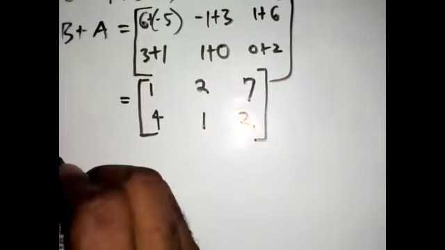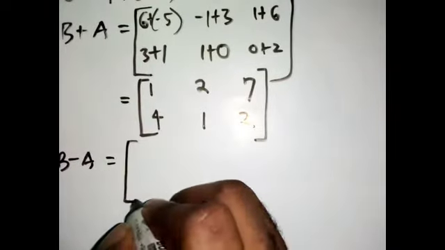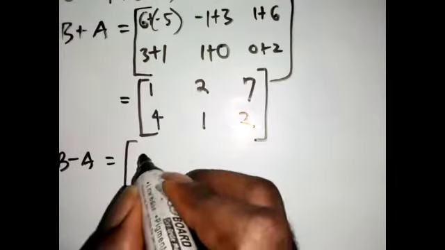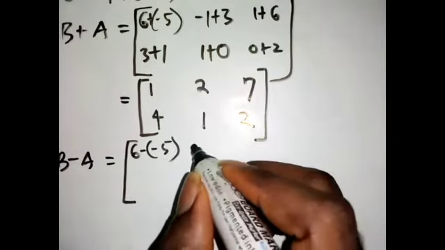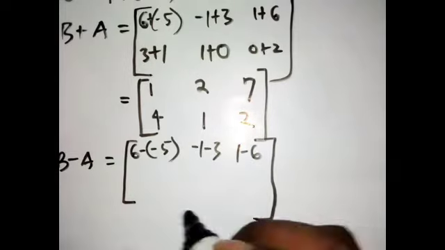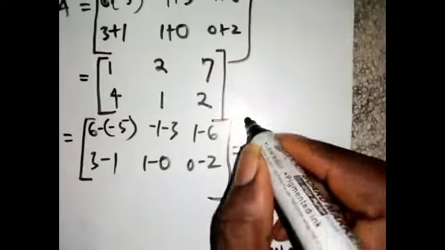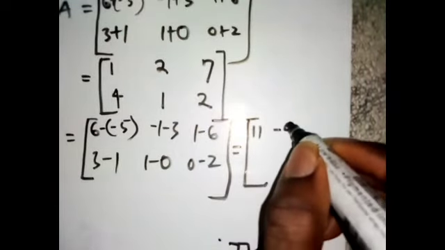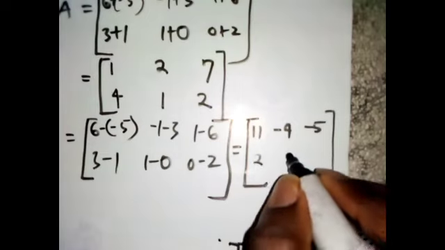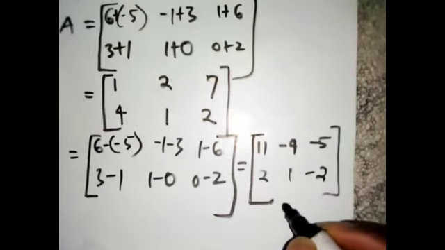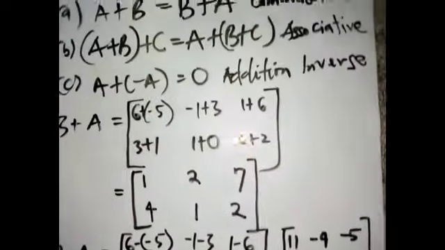And thereafter, the difference between B and A will give us 6 minus minus 5, 1 minus 2.